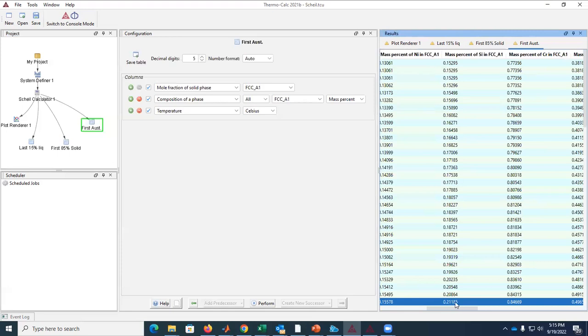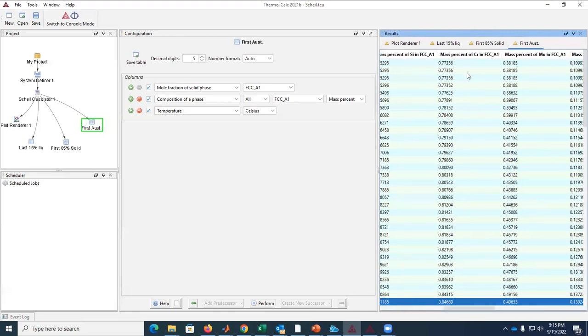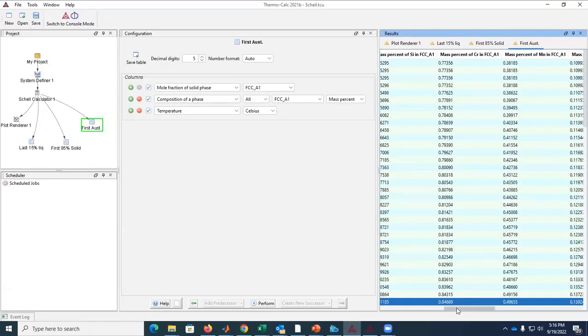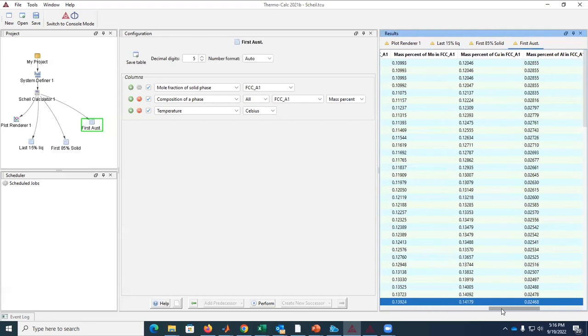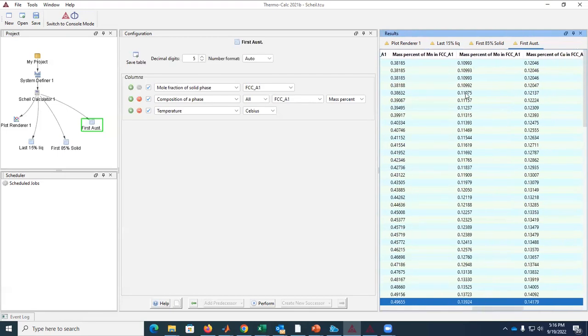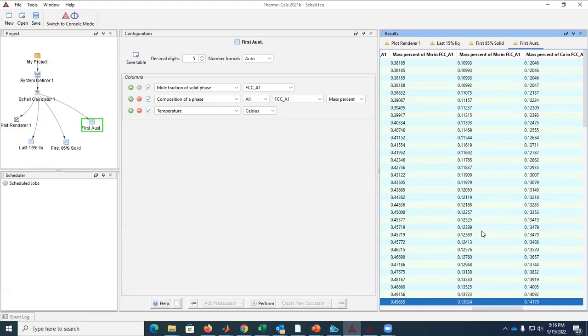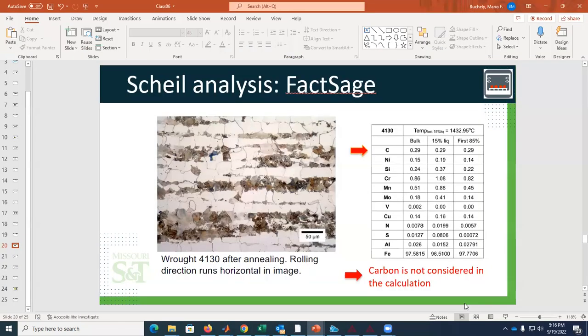Silicon, 0.24, 0.21, so it's a little lean in silicon. Chrome, we started at 0.86, now it's 0.84, so it's a little lean in that. Let's check molybdenum, which is always the bad segregation factor here. The base composition is 0.18, and remember that in the last 15% of liquid, it was much higher, 0.4. In the first 15% of solid, it's almost 0.14, 0.13 something. So it's lean in molybdenum.